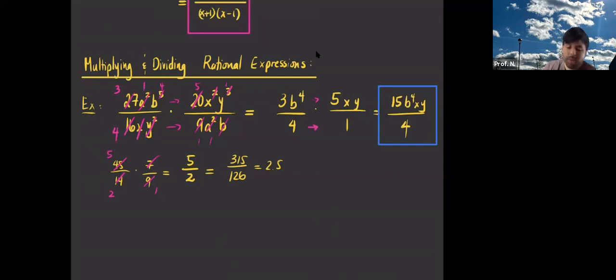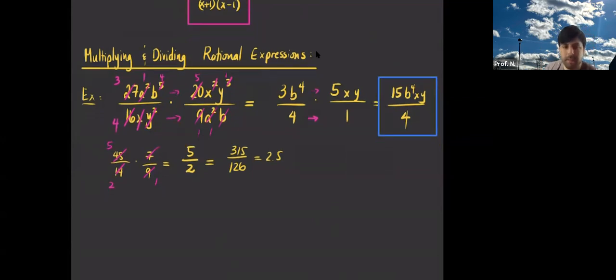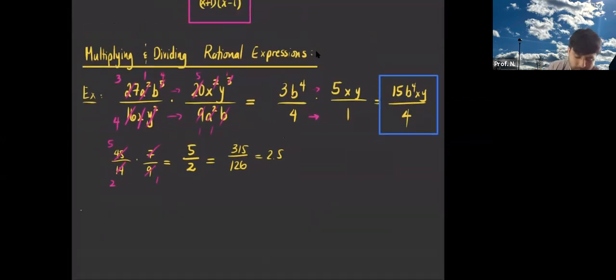So you would have gotten the same answer if you had just multiplied things out across first, without simplifying, and then simplified at the end. But hopefully you start to realize how much work is averted if you simplify first. So I would suggest always simplify, simplify, simplify beforehand, and then you multiply across.